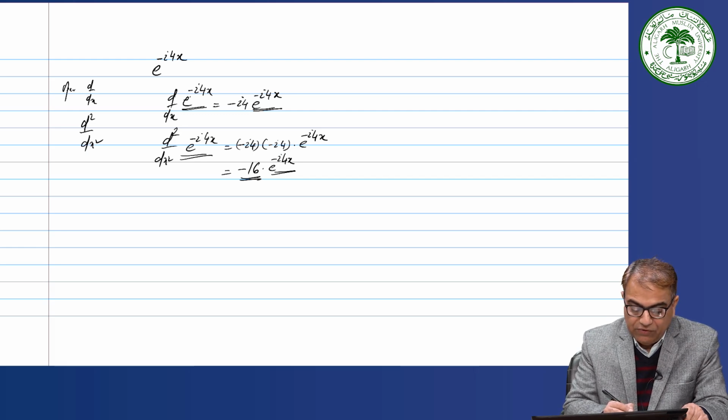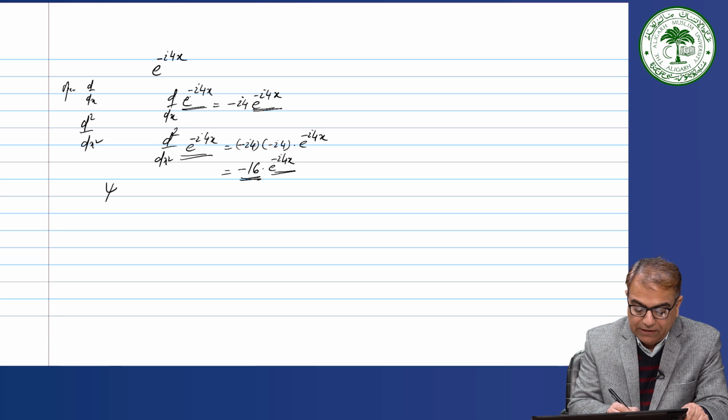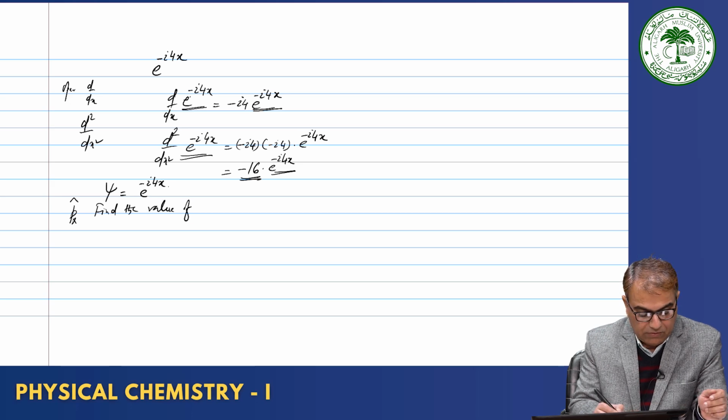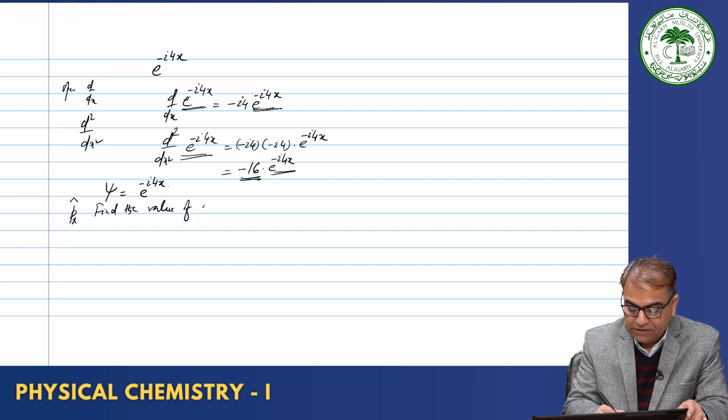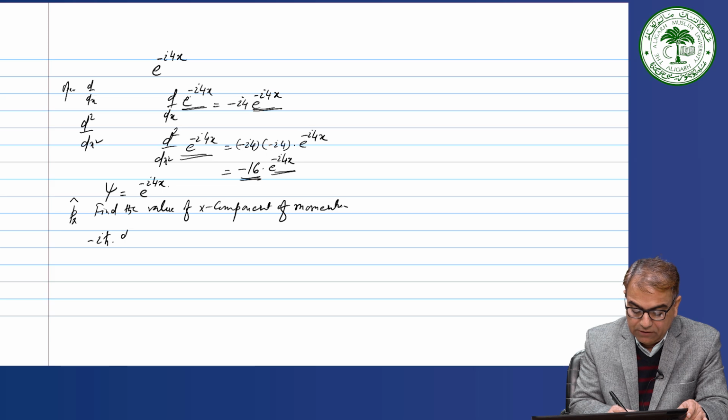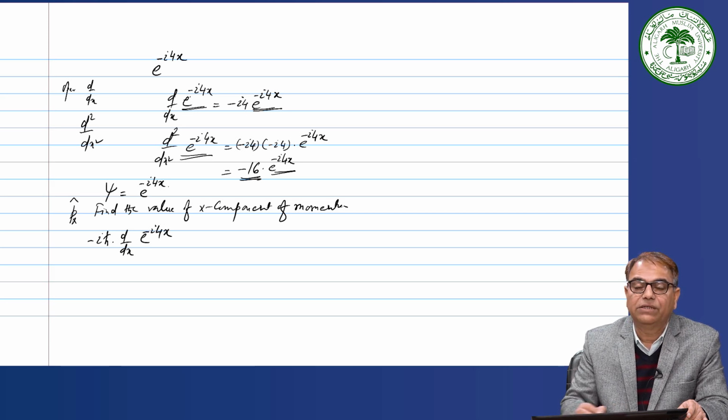Now, if I say that a wave function psi is represented by exponential minus i 4x, then I say find out the value of p x, the x component of momentum. Then what is this? Minus i h cross d dx, and you have the function like this one.